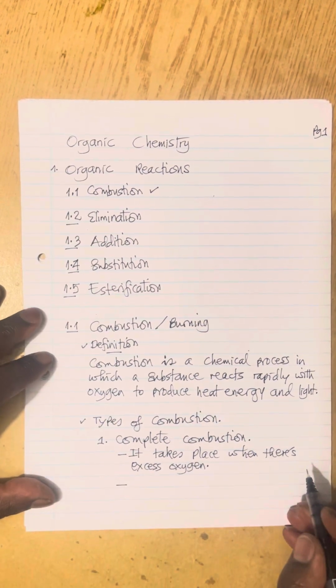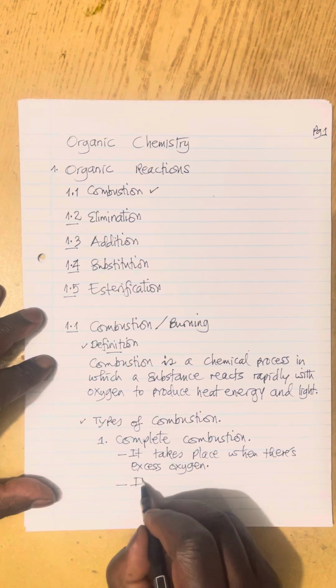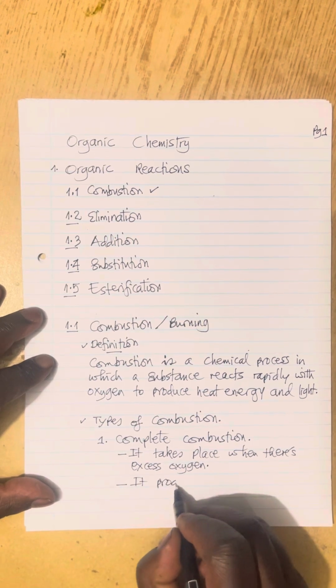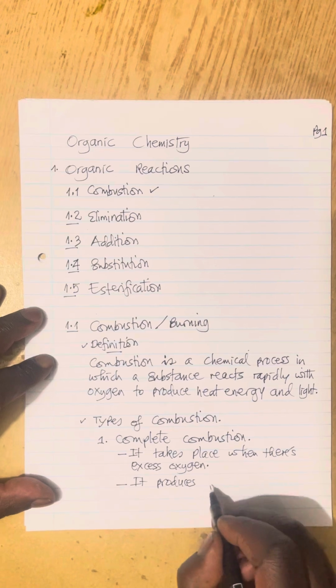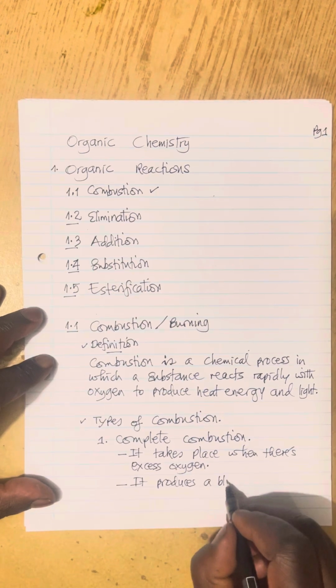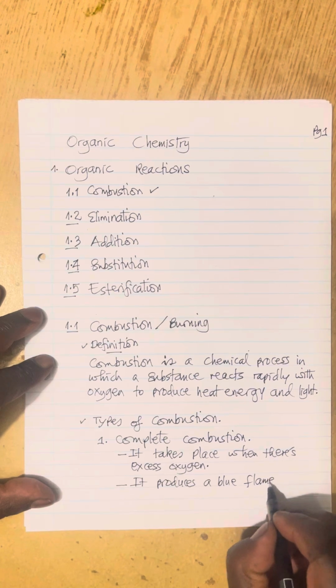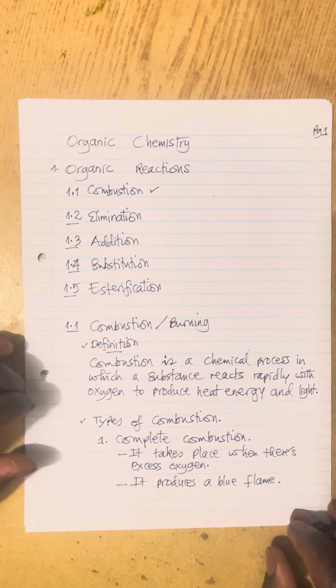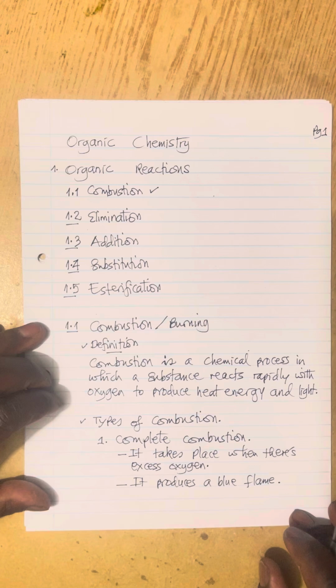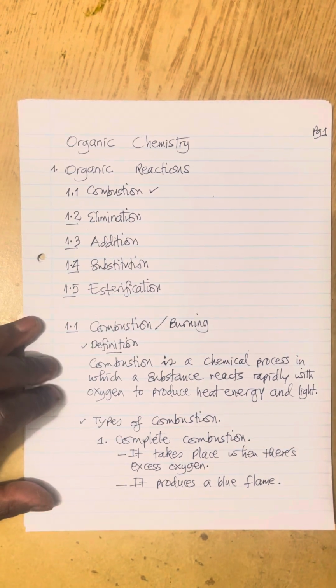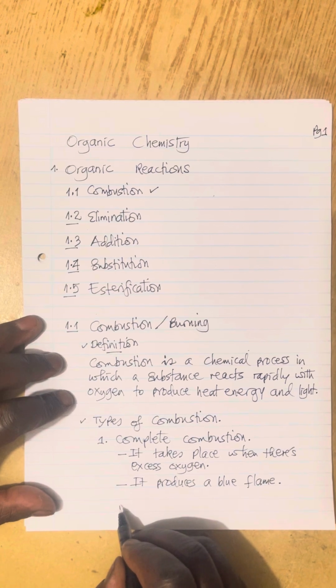What is the other property of complete combustion? It produces a blue flame. This is how you would identify it in the laboratory, for instance. If you see that the flame produced is a blue one, you know there's complete combustion taking place.